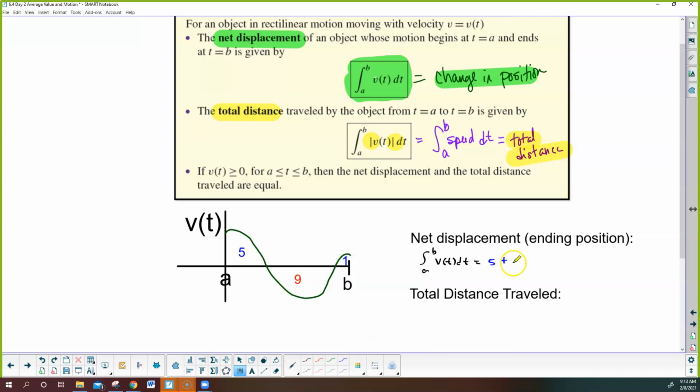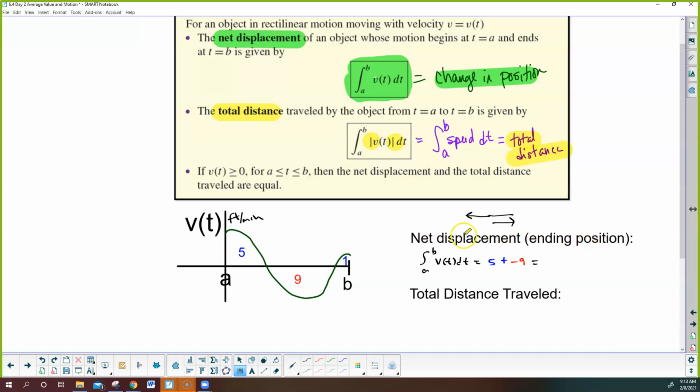Now they don't tell us it's negative, but we have to know it's below the x-axis. And let's say I was going feet per minute here. So velocity is feet per minute. So that means I went 5 feet and then I went back 9 feet. So I went 5 feet to the right and back 9 feet to the left.